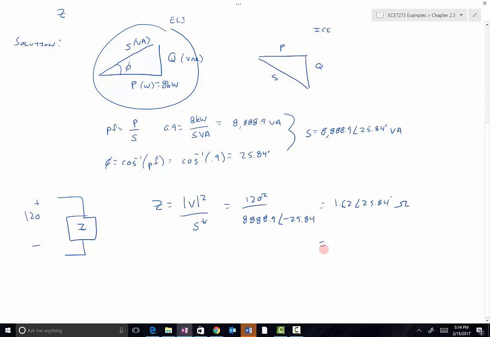And if I want to write that in rectangular form so I know how much is resistance and how much is reactance, I get 1.458 ohms of resistance, and I get plus j0.706 ohms of inductive reactance right there. And I know that's got to be inductive because S was positive in that calculation. So there's the two answers.